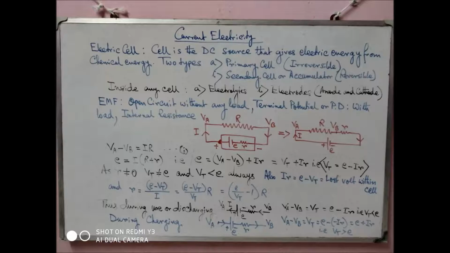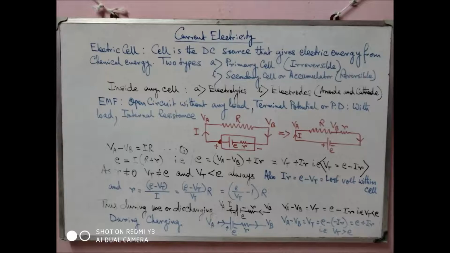Now this internal resistance can also be expressed in another form. Look down, r equals (E minus Vt) by I by basic algebra. Again Vt equals IR, so I equals Vt by R. Just substituting the value, simple algebra, we get r equals (E by Vt minus 1) into R, correct?